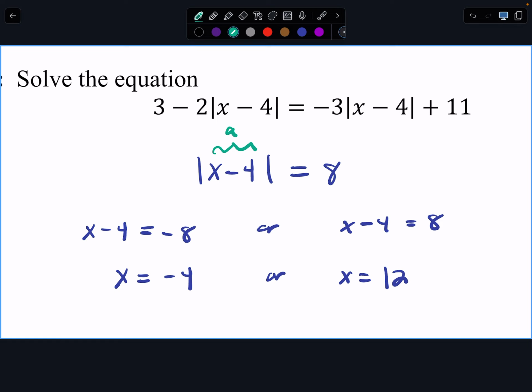Right, because absolute value: if we had absolute value of a is equal to 8, that means that a is either equal to negative 8 or a is equal to positive 8 to make that true, right? But in this case, a is x minus 4. So that means that x minus 4 is either equal to negative 8 or x minus 4 is equal to positive 8. Right? And then we substitute those values that we end up with for x back in.